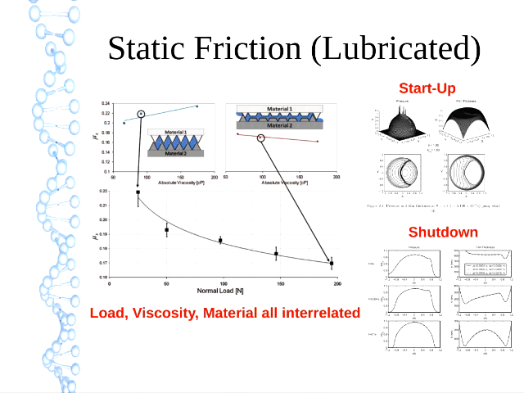On the left-hand side, you can see a figure that I got out of a journal article. We'll take a couple seconds to unpack this, and you can get an idea for how load, viscosity, and material are all interrelated in terms of the static friction.